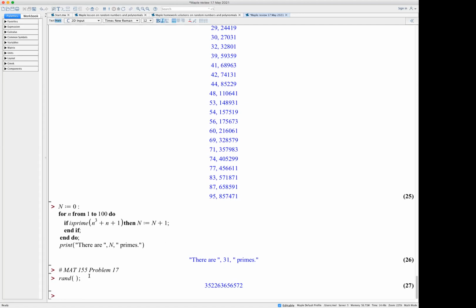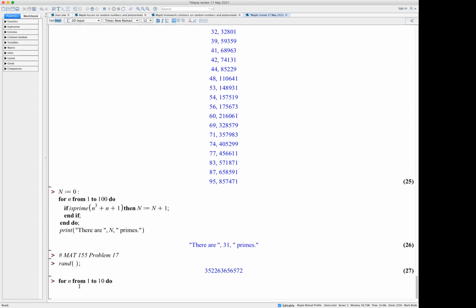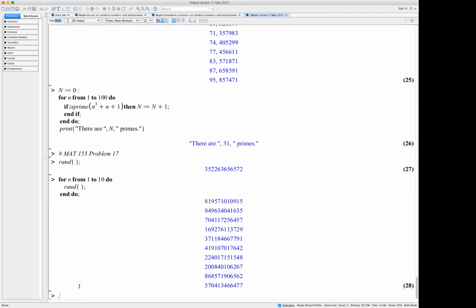And if you want to make a list of 10 random 12-digit numbers, let me try it in two different ways. So for n from 1 to 10 do, I put in my n do. Let's see what happens if I just write this. Ah, it works.